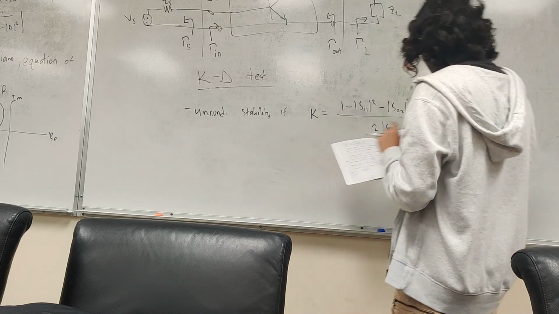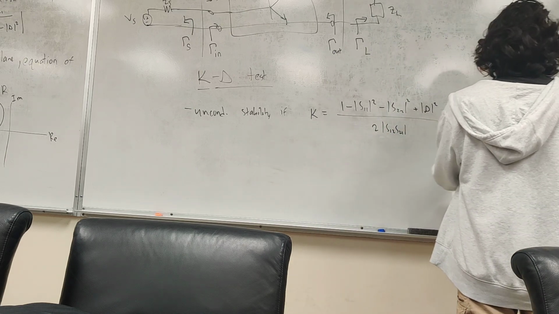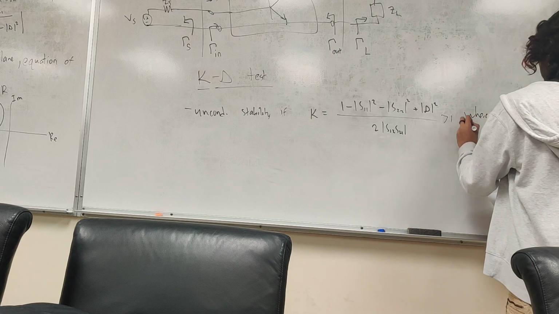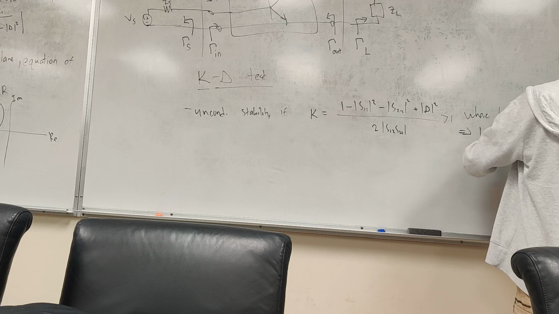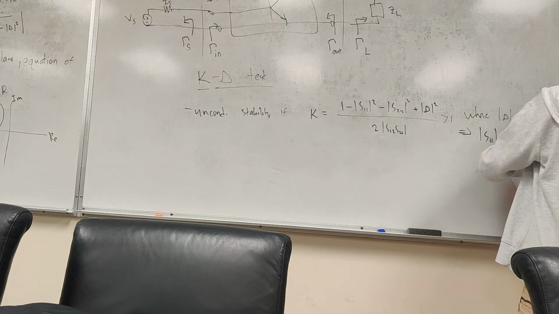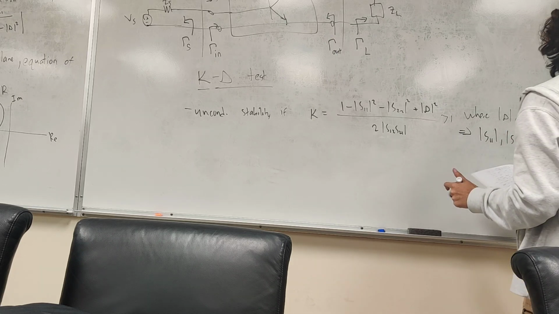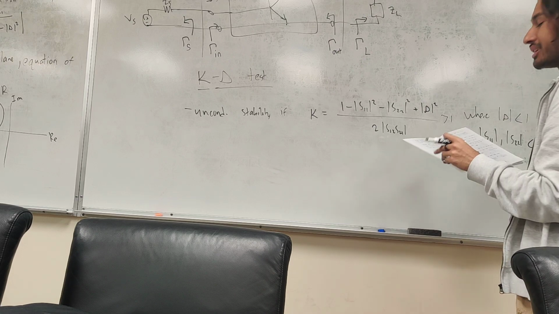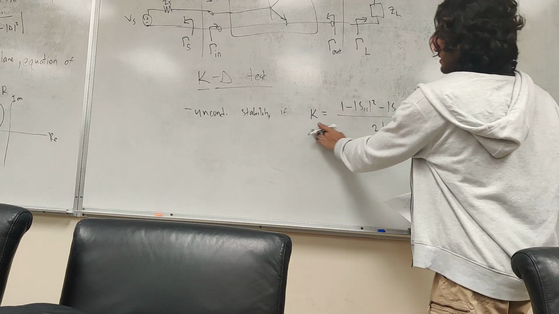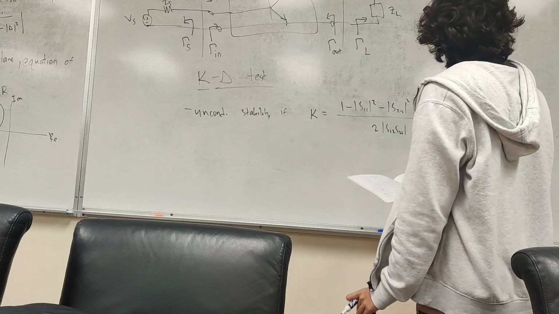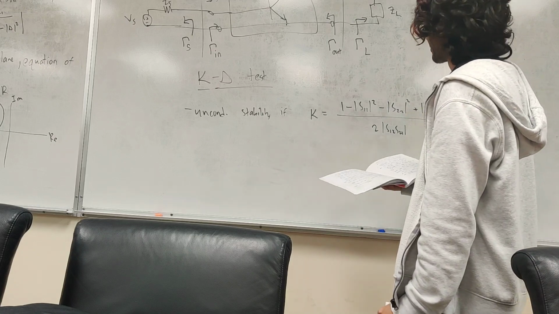This means that the magnitude of S11 and S22 are less than 1, which we kind of hope, right? We don't want reflection. If K is greater than 1 and the determinant is less than 1, we get unconditional stability.